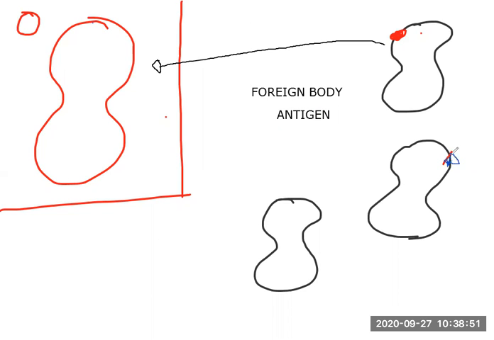Let me write here. This is B. Okay, so then next, let's talk about this. A is the antigen for him.